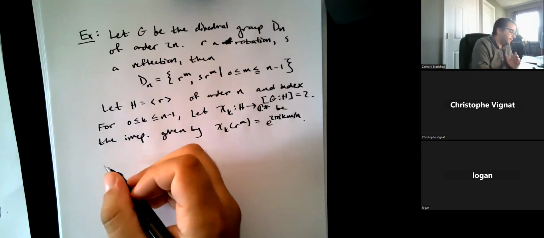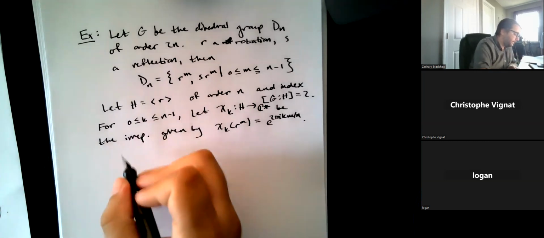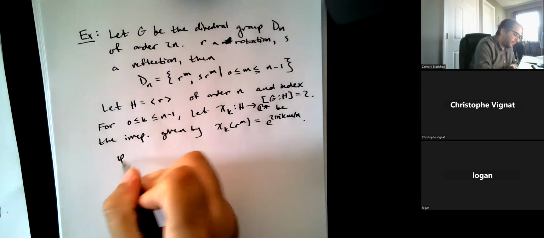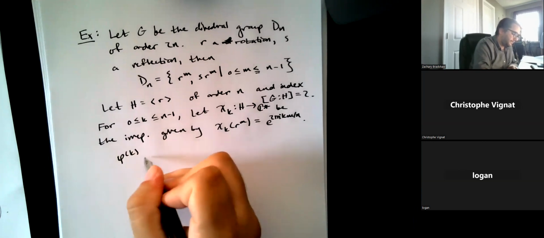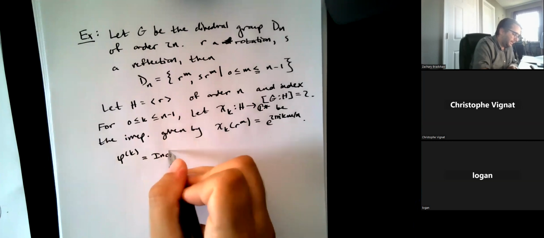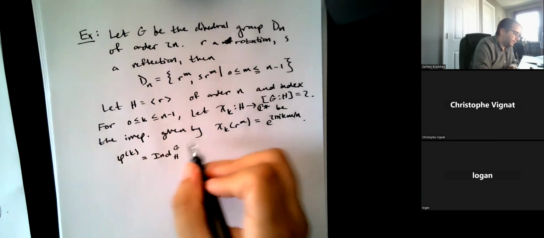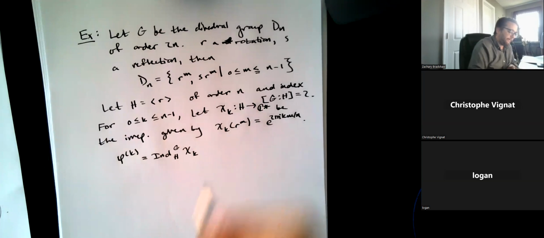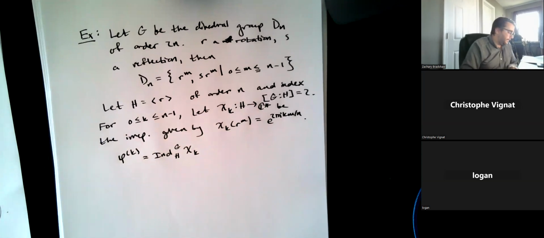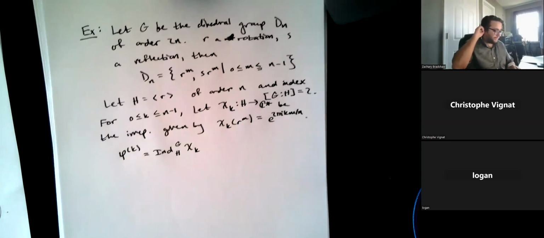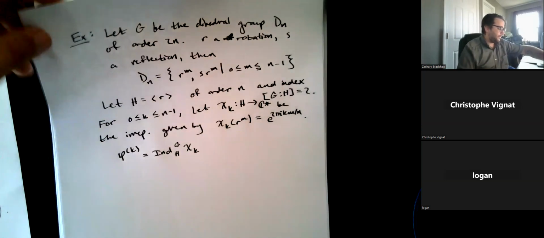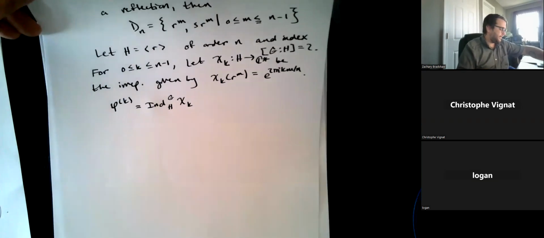We'll now compute the induced representation, which we'll call phi k, of the kth irreducible character. The way we do this is we want to choose coset representatives wisely.